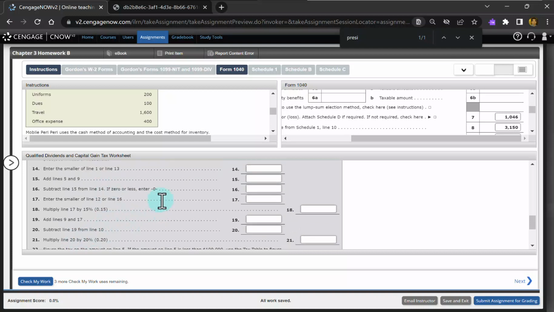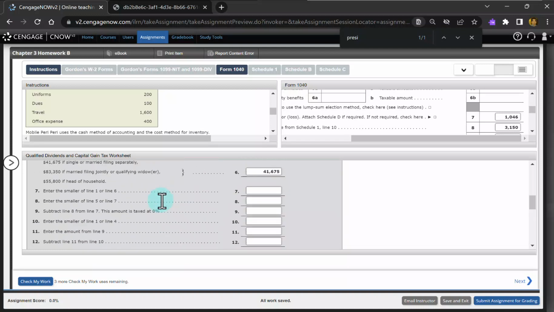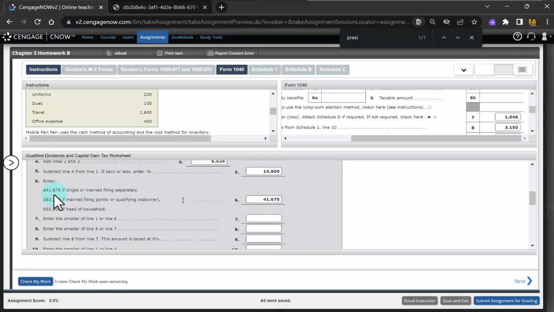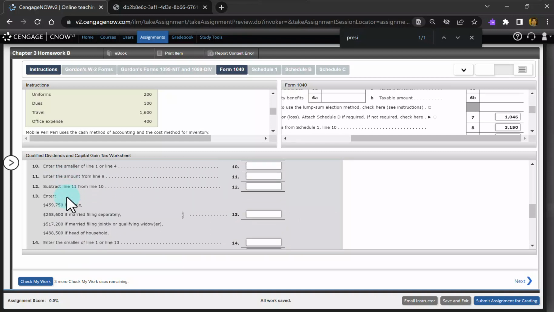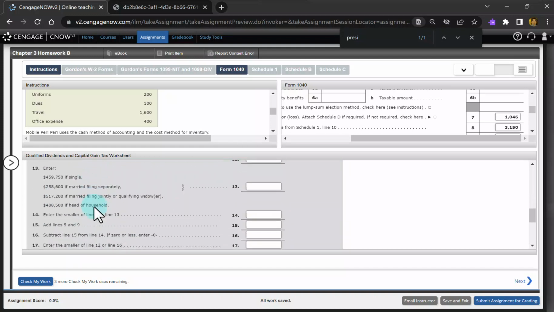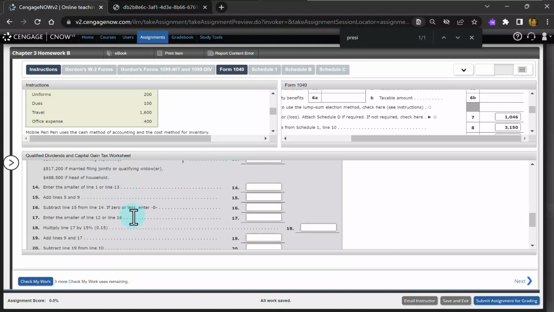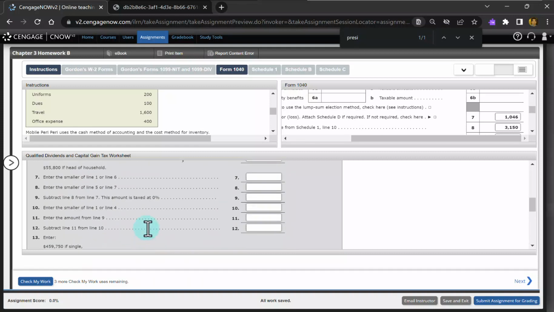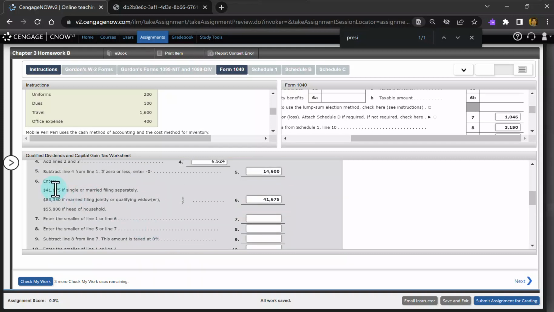And if the taxable income falls within this 41,675 and this 459,750, then the capital gains and qualified dividends get taxed at 15%. But because our income is below this 41,675, capital gains and qualified dividends are zero tax rate, tax-free.